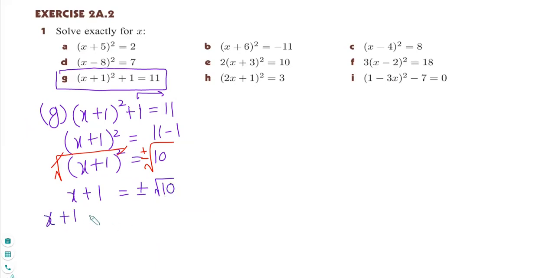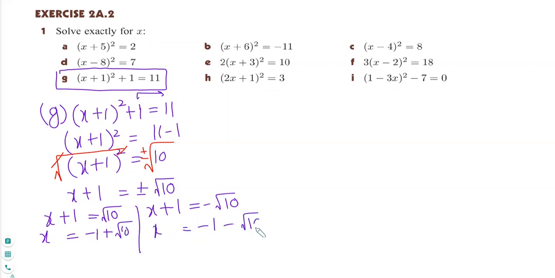The first one with a positive square root 10, and the second will be x plus 1 equals negative square root 10. Now shifting this one to the other side becomes negative 1 plus square root 10. This will be the first root, or value of x. This will be the second, right?